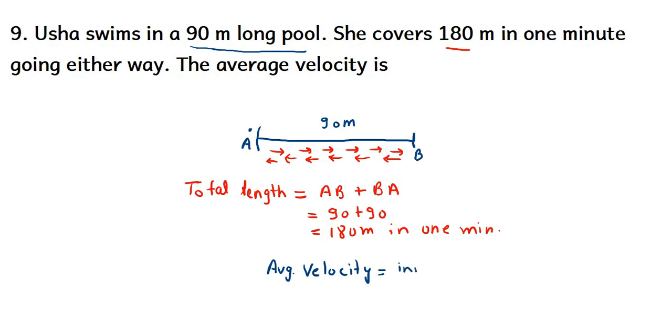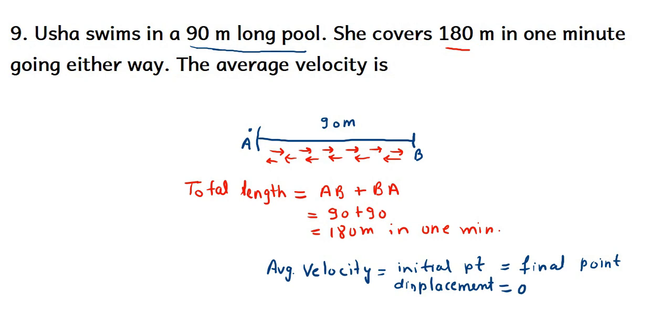Initially Usha starts swimming from A and finally she will reach back at point A. That means the initial point and final point are equal, so the displacement traveled by the object is 0.